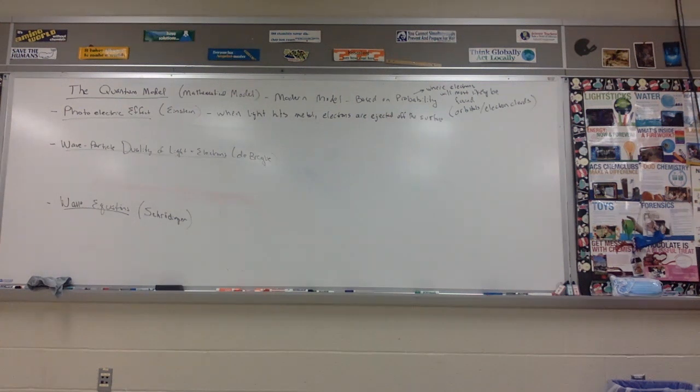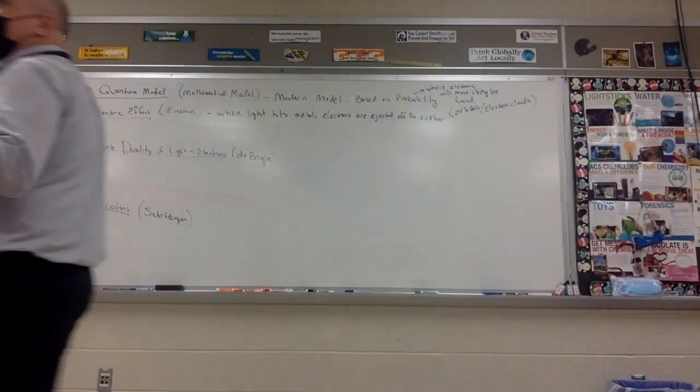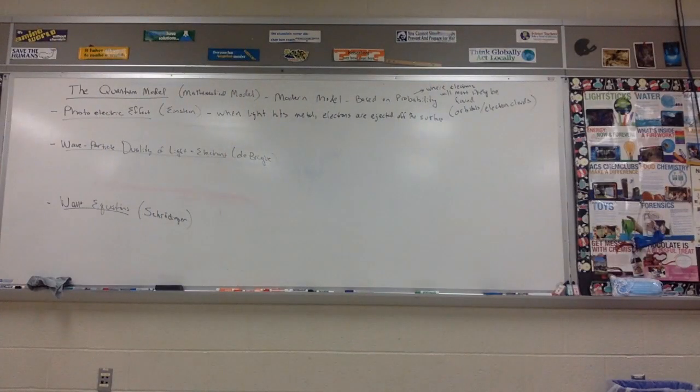Okay, that's what he was saying. And what this did is it made us look at light as having particle properties. We think of light as traveling through space in waves, right? That's just a form of energy traveling through space in waves. But if it can strike a surface and actually cause electrons to be ejected, we can also think of light in terms of particle properties.